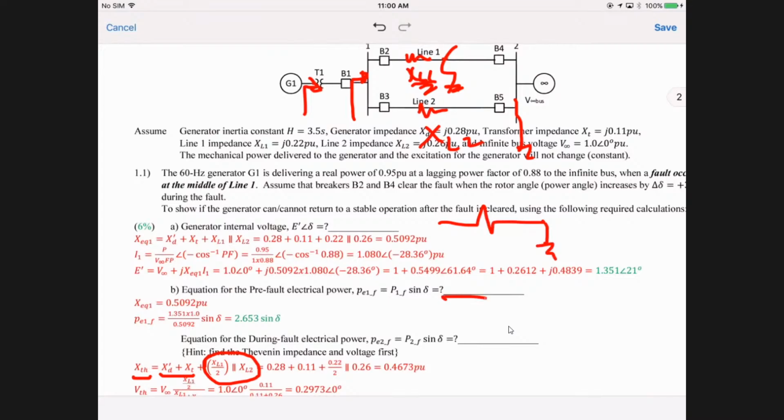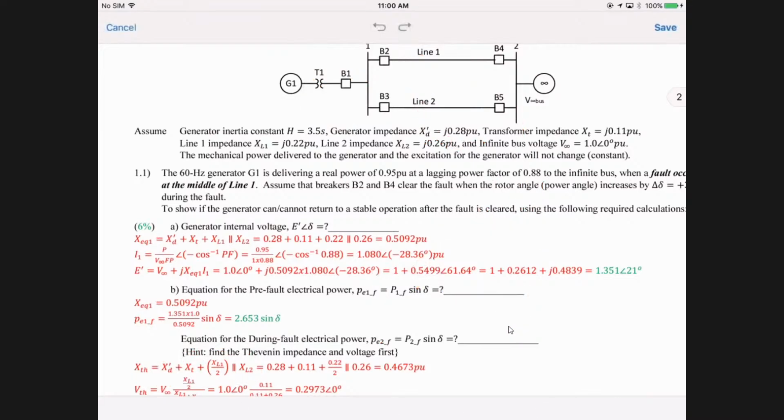What is the impedance looking from here? It is XL1 divided by 2 and XL2, they're in parallel. And then you add the impedance of the transformer, add the impedance of the line, and the transient impedance of the generator.